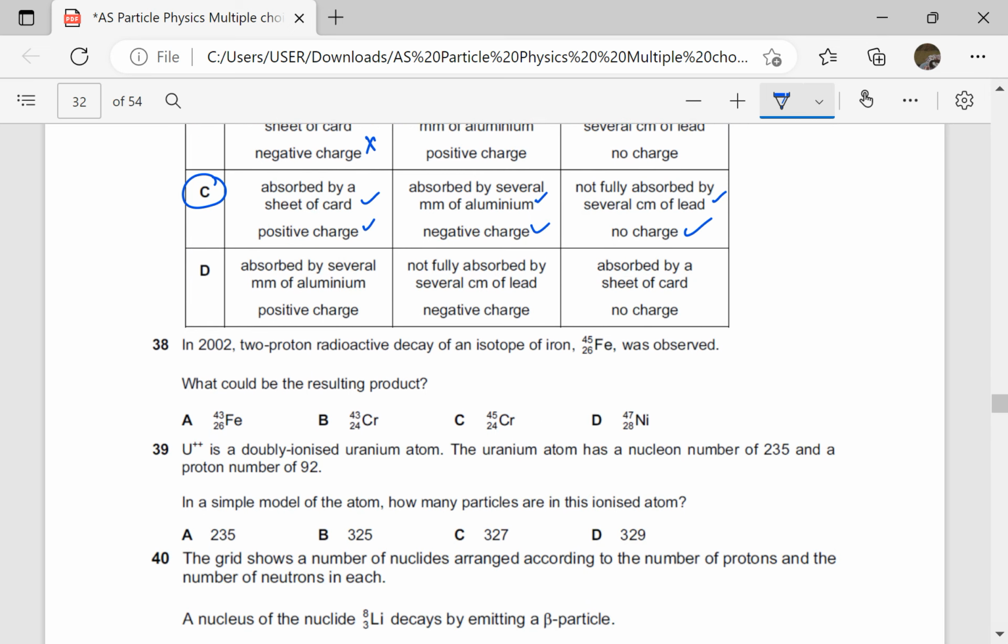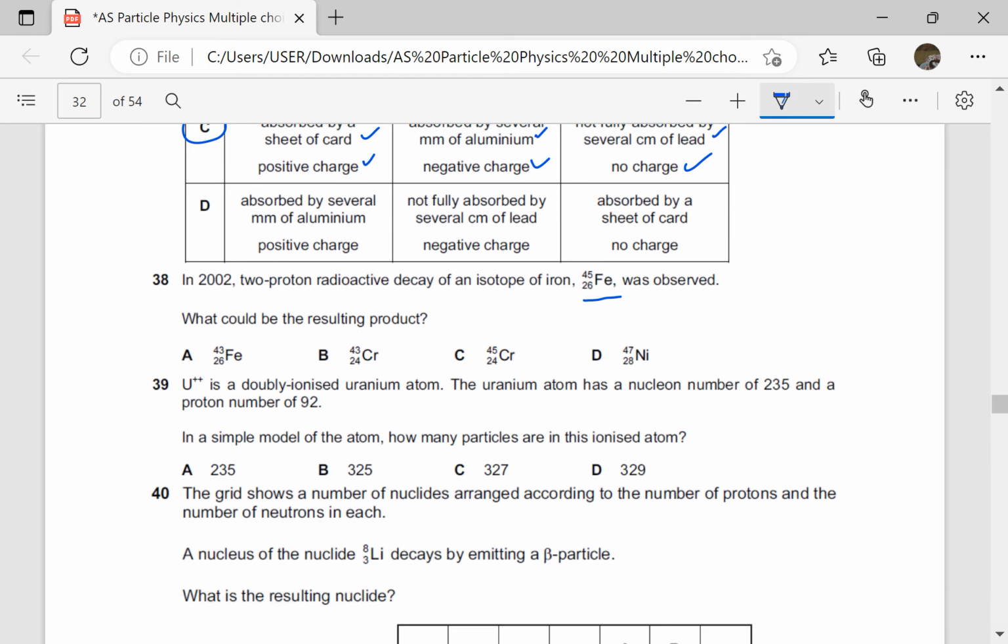In 2002, two-proton radioactive decay of an isotope of iron, Fe 45, 26, was observed. What could be the resulting product? Because it was a two-proton decay, the proton number must have reduced by 2.